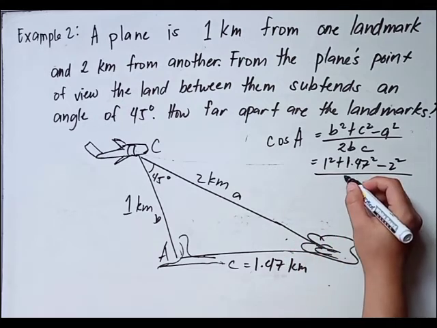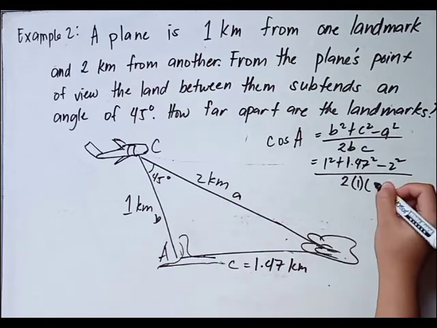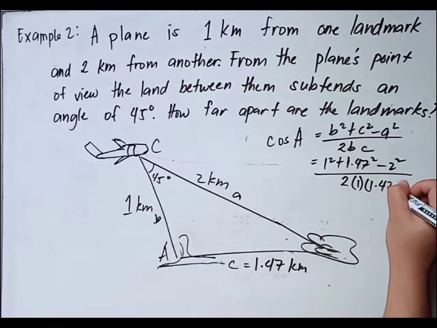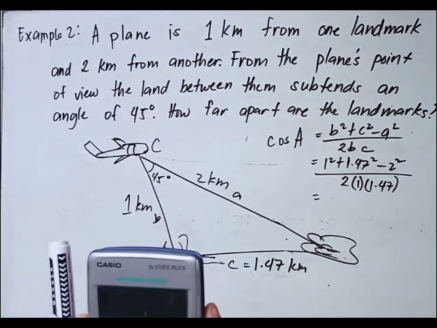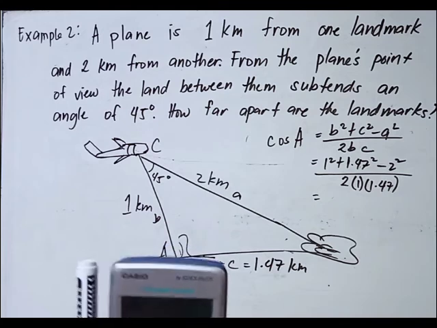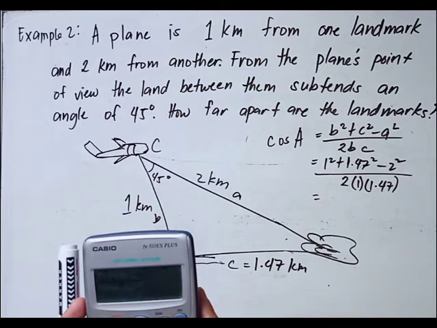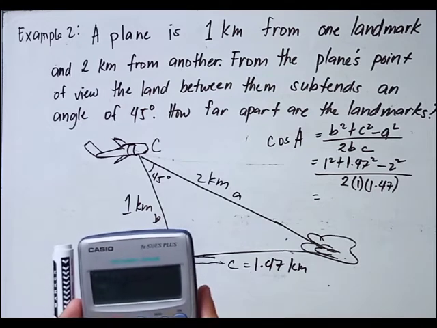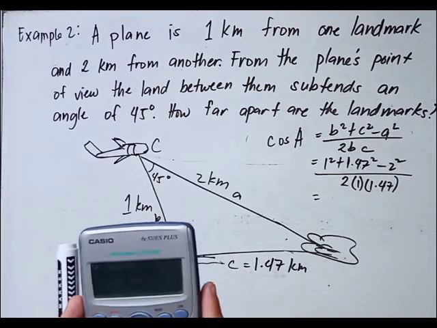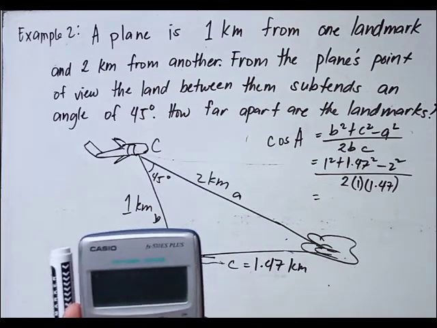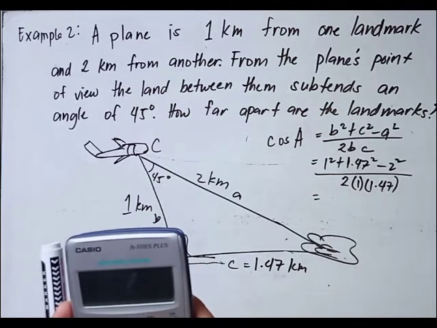all over 2 times our B times our C. So cosine A is equal to 1 squared plus 1.47 squared minus 2 squared all over 2 times 1 times 1.47.